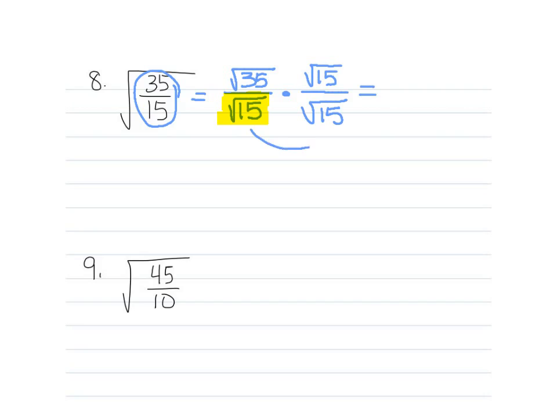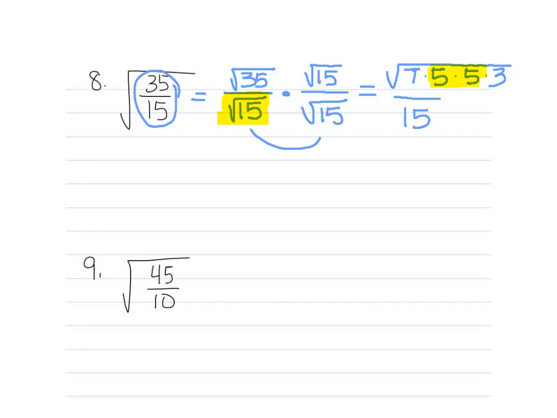So here I know that radical 15 times radical 15 is 15. And then I can rewrite these factors under the radical symbol up here so that I can simplify. So radical 35, the factors are 7 times 5. And for 15, my factors are 5 times 3. And I wrote them in that order purposefully so that you can recognize the perfect square in there.